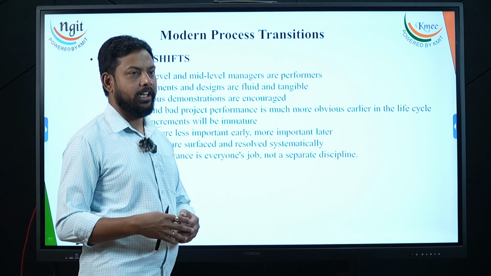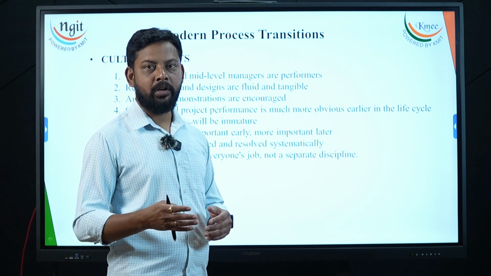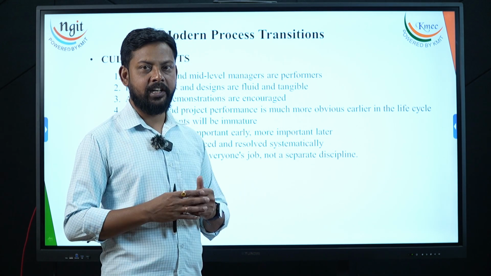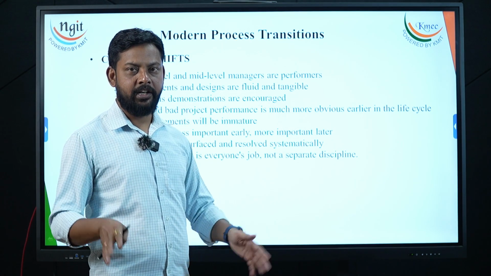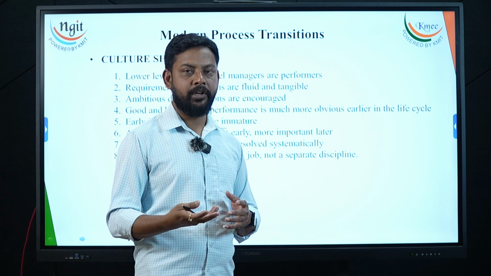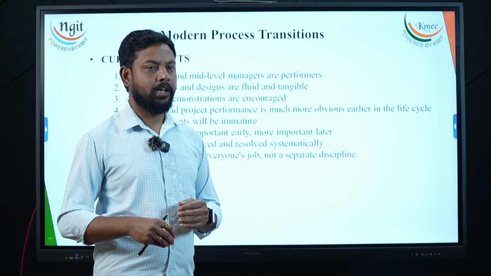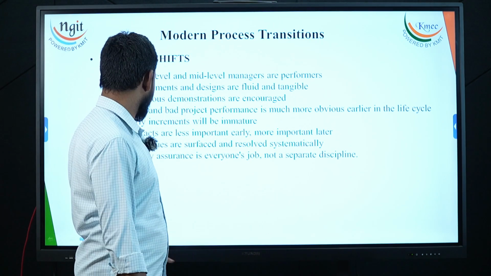There is no meaning if you provide a separate team only to identify quality assurance. Quality should be taken as a common unit, and it should be taken at each and every phase of your project development.